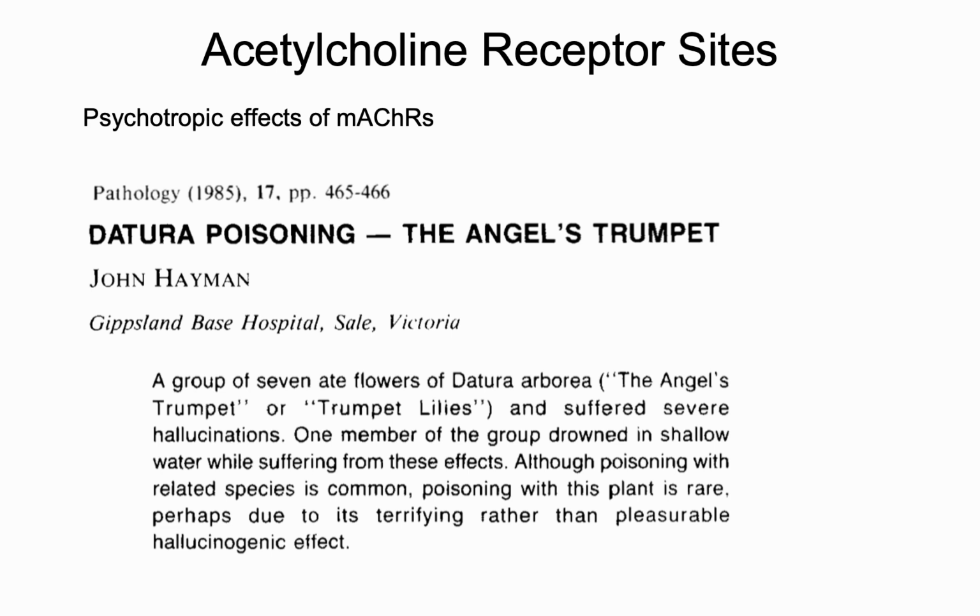So this was in Victoria, Australia. And they suffered severe hallucinations, and in fact, one of the members actually drowned in a shallow puddle of water because of the psychotropic effects. And so, like I said, this is a bad psychotropic drug.